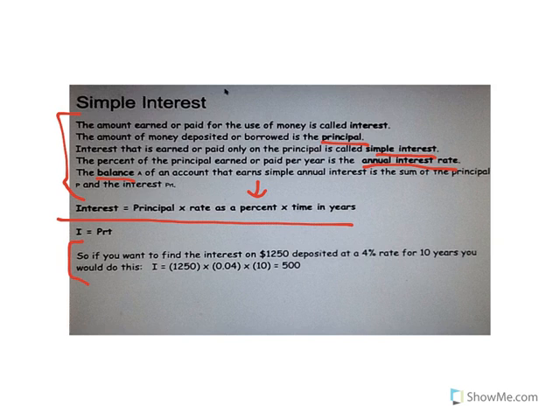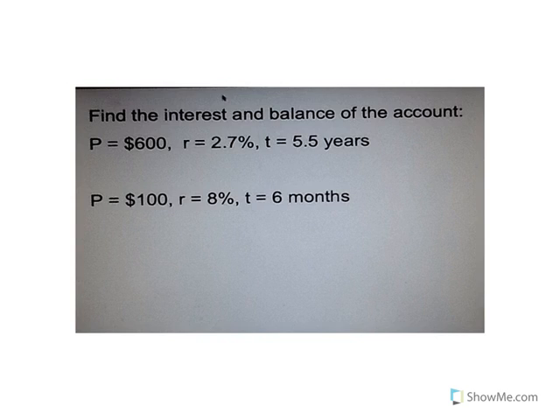If you wanted to find the interest on $1,250 deposited at a 4% interest rate for 10 years, what you would do is this. The interest is equal to $1,250, that's the principal, times 0.04, that's the decimal equivalent of 4%, times 10, that's the number of years. And you're going to end up with just $500. So it's just plugging in numbers here.